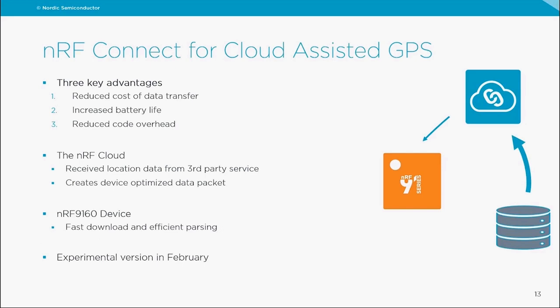We have an experimental version of this that will become available in the GitHub, if it's not already, sometime this month. One of the other advantages here is that if you are using nRF Cloud for other services, you can reuse the same TLS credentials to keep the assistance functionality going on the GPS, as well as use the other services like FOTA.